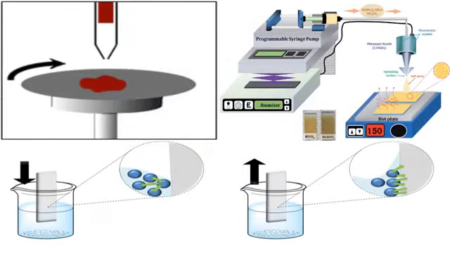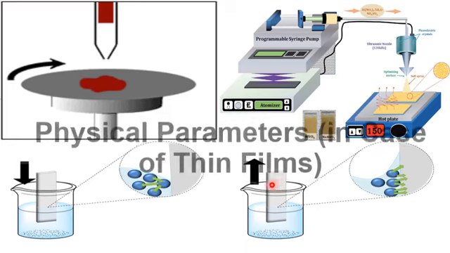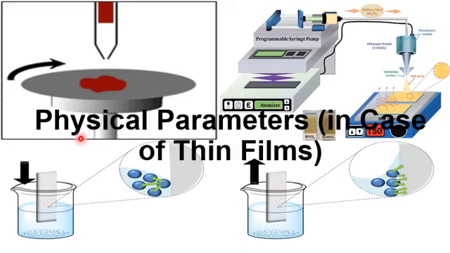The question here is this: what are the physical parameters we need to use in order to prepare a thin film via sol gel process? So what are the physical parameters we need to control in order to achieve a thin film with a better quality and uniformity in a sol gel process?